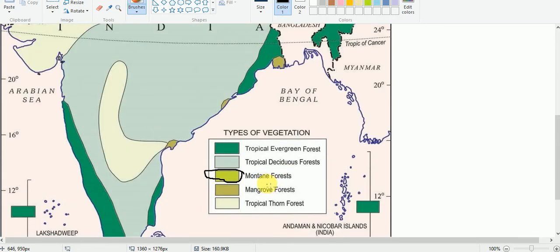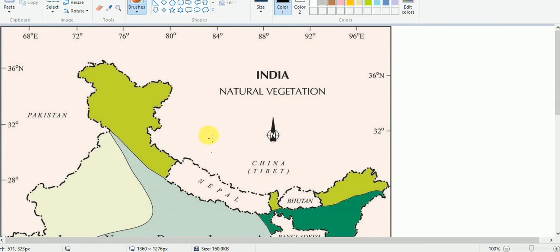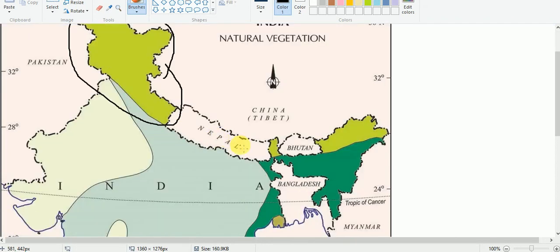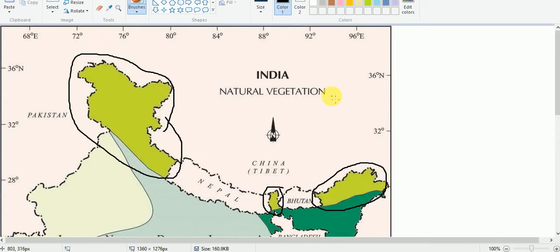Actually not there, this is mangrove. Here this area is covered with montane forest: Jammu and Kashmir, Uttarakhand area, then Sikkim area and Arunachal Pradesh. So these are the areas where montane forests are found.